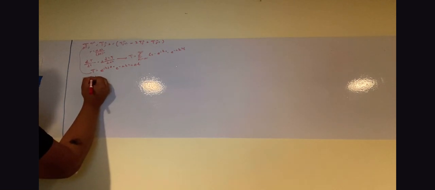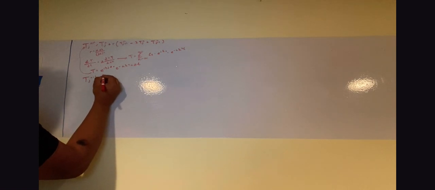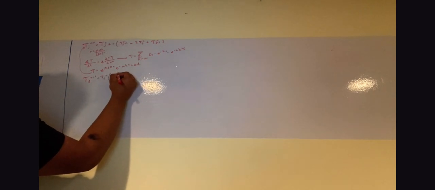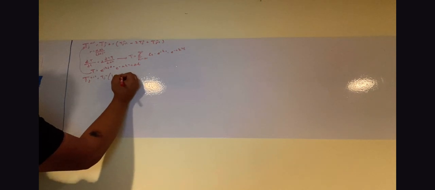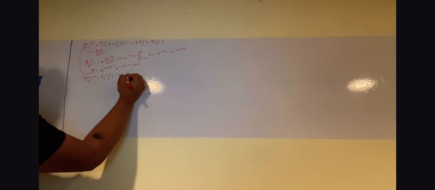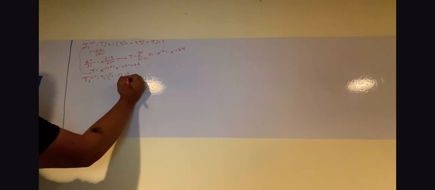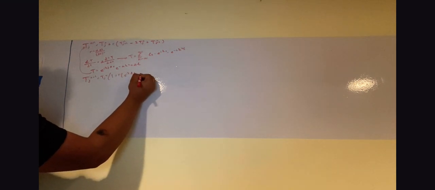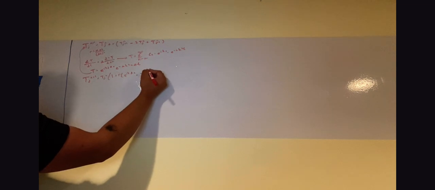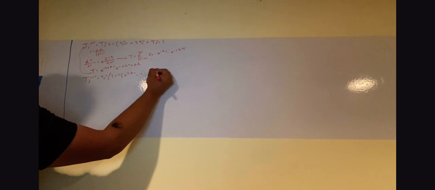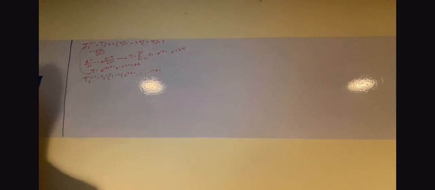Tj^(n+1) is equal to Tj^n multiplied by 1 plus r multiplied by e^(ik change in x) minus 2 plus e^(negative ik change in x).